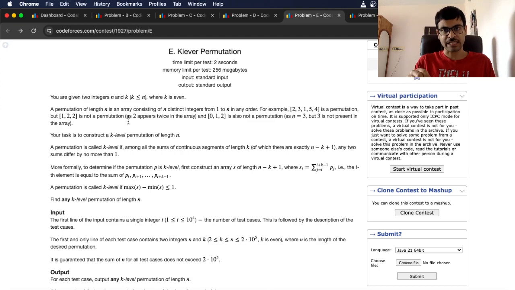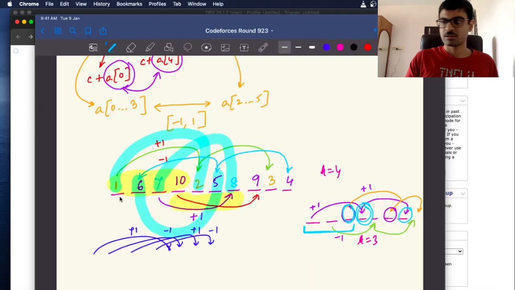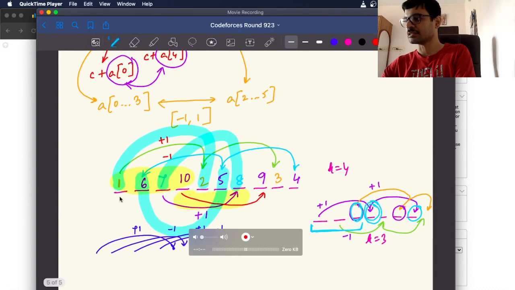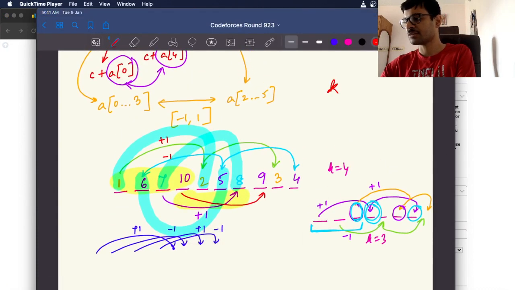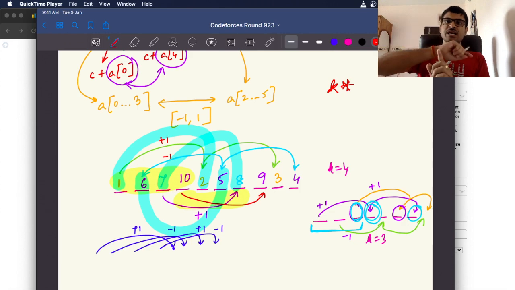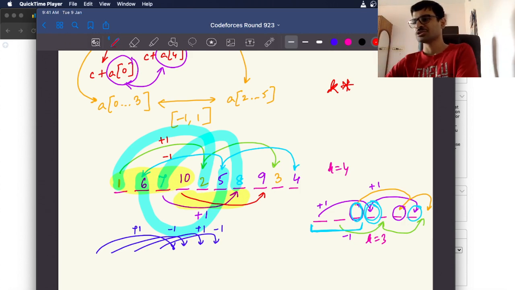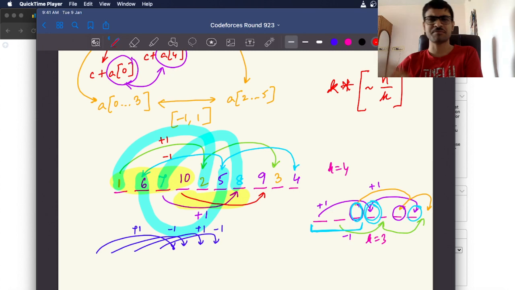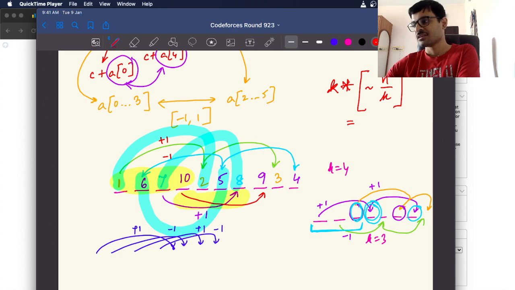For k different starting positions, for each starting position, I have to go maximum how many? I am taking k jumps, so it will be approximately n by k. N by k plus 1, n by k minus 1, something like that. Doesn't matter, approximately n by k, which means k into n by k gives me big O of n. That's how it is linear.